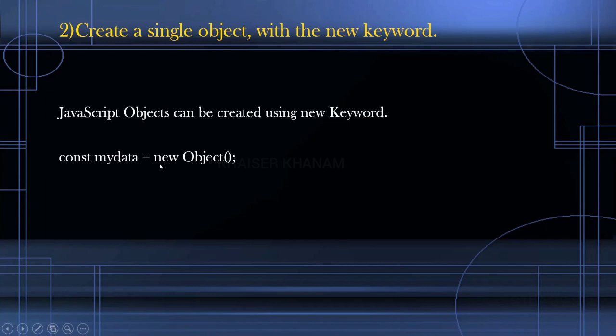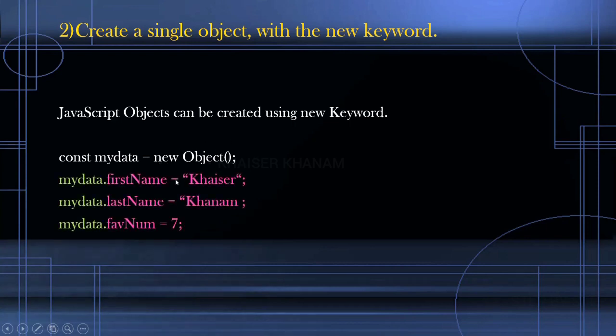So this is how we will be creating with new. Inside this, we will give the global Object. This will be creating an empty object for us. And after that, we can just add this kind of data.